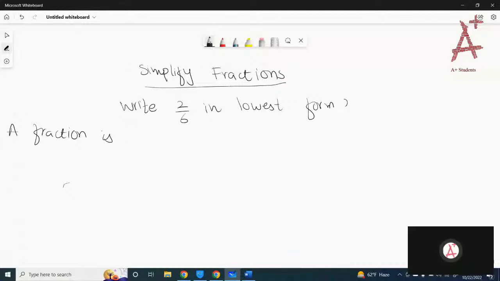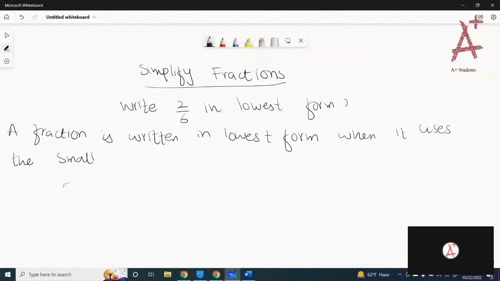A fraction is written in lowest form when it uses the smallest possible numerator and denominator. Got it?